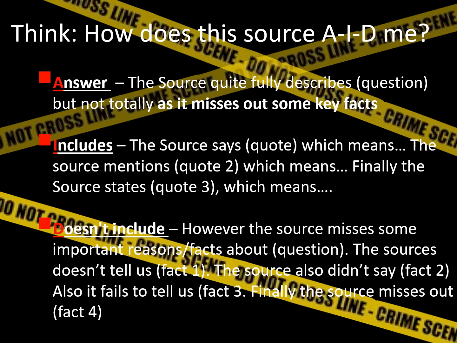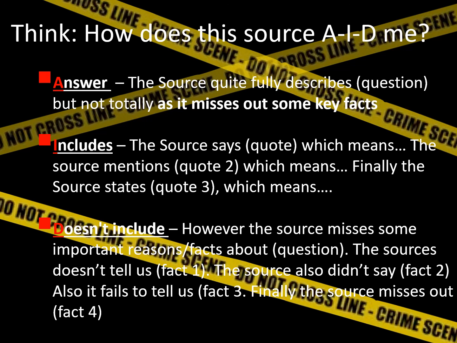Then you start a new sentence by saying however. The source misses some important reasons or facts about cholera. The source doesn't tell us, and tell me something. So if you say the source doesn't say anything about how you get cholera, you then have to tell me how you get cholera, because otherwise you're pointing out the source is missing it, but you're missing it as well.